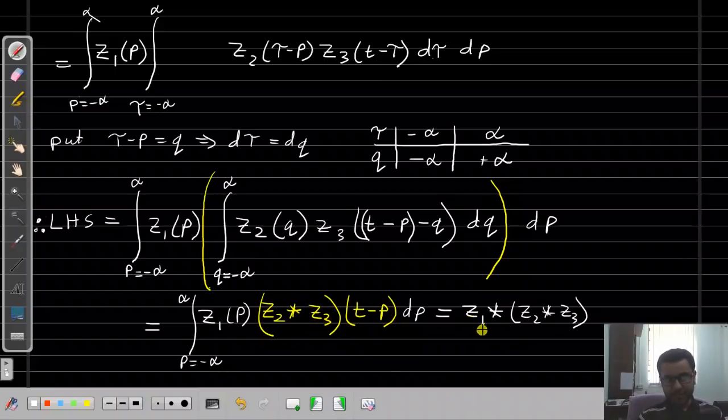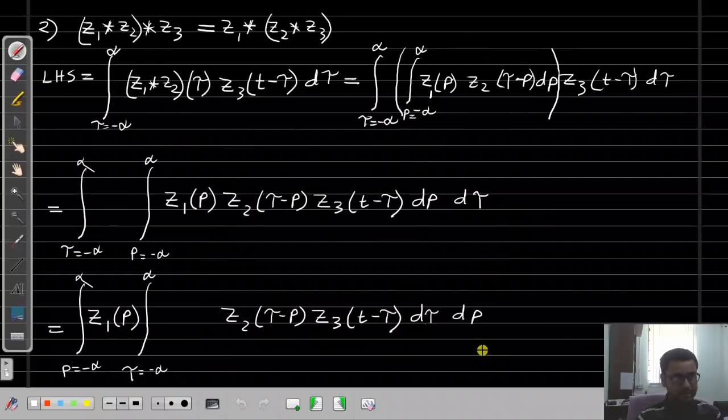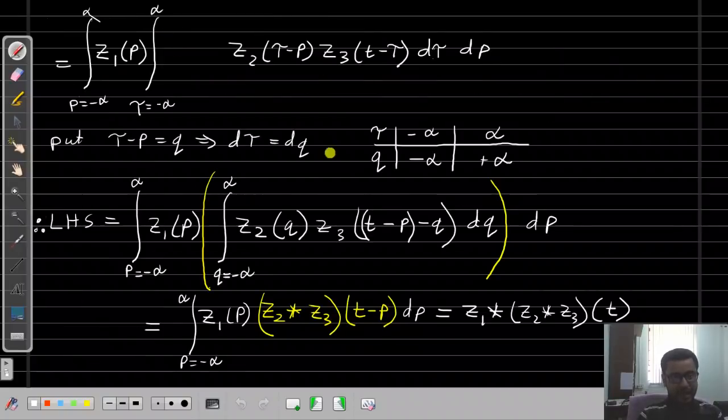So this is becoming z1 star (z2 star z3). And this will be a function of time, because here I have time t. So it will be a function of t. So we started from (z1 star z2) star z3 and finished with z1 outside and z2 z3 together. So it is proved. Thank you and have a very nice day.